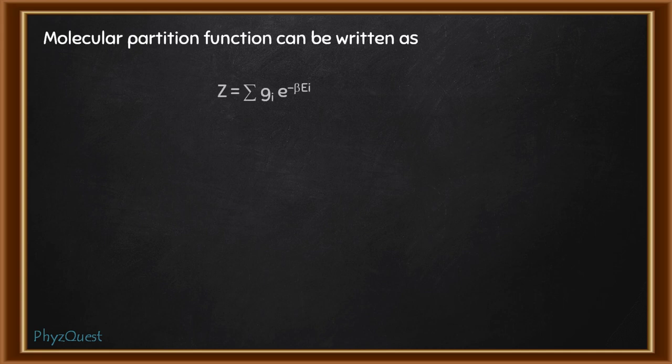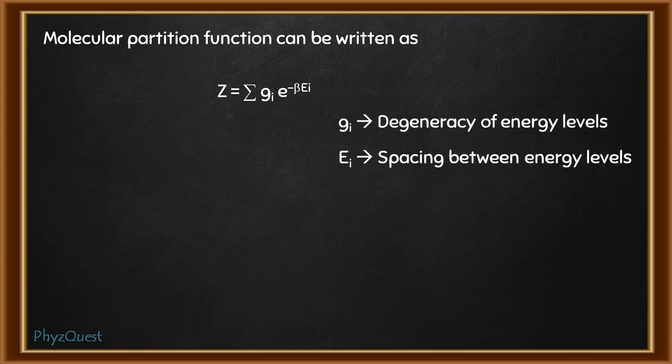So now the molecular partition function can be written as Z is equal to summation over Gi e to the power minus beta Ei. Here Gi is the degeneracy of the energy level and Ei is the energy of the level. This is a general formula.